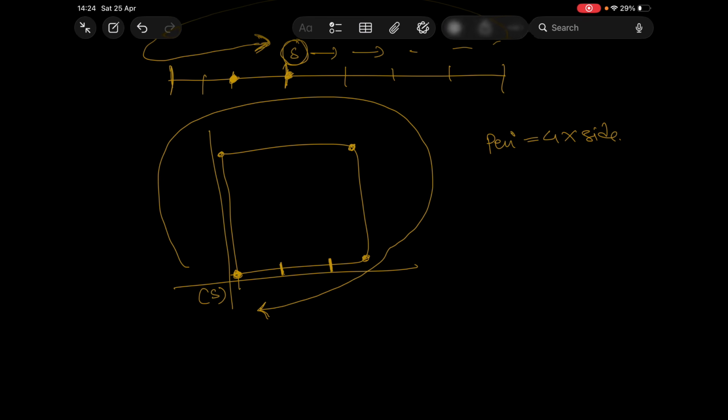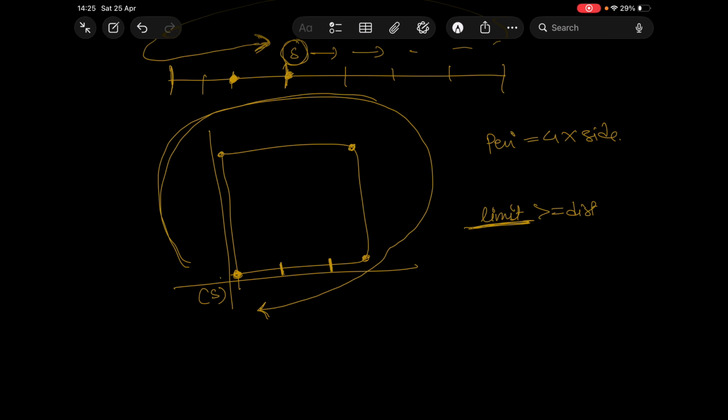Now I know that I am considering the points where the distance should be greater than or equal to the limit. My distance from the current point should be greater than or equal to the limit, right? So I considered all these points.